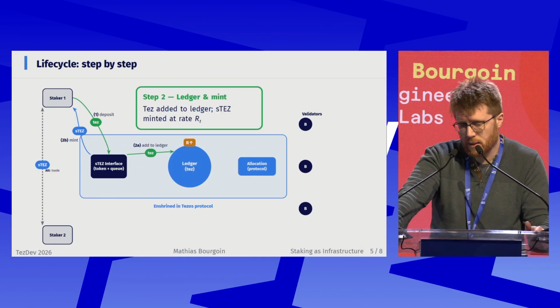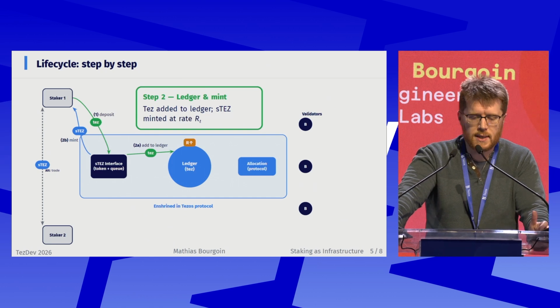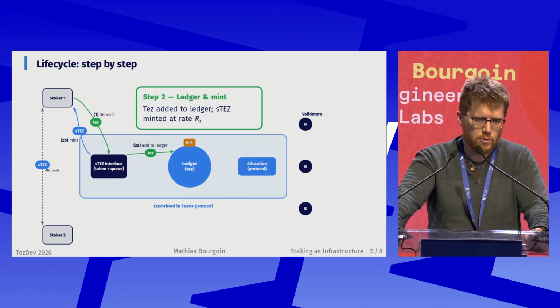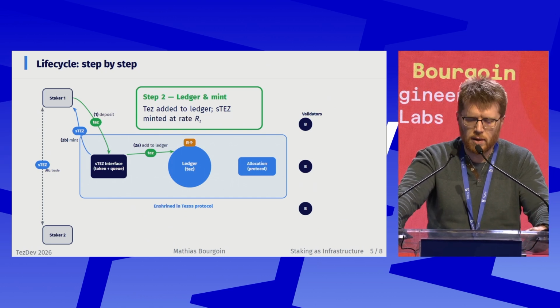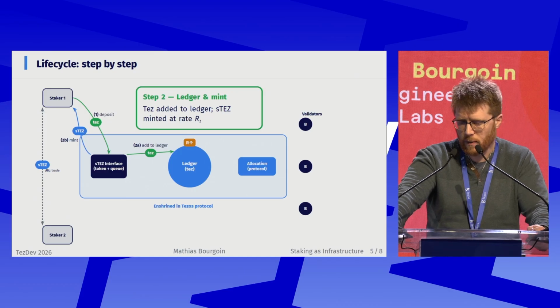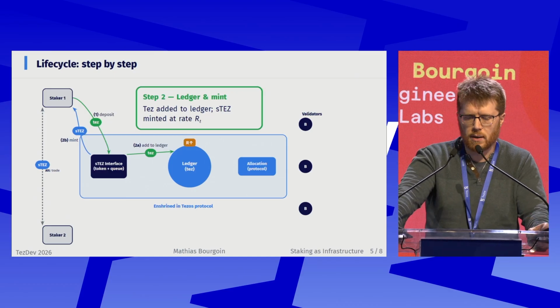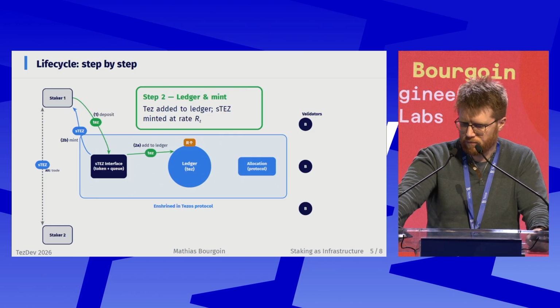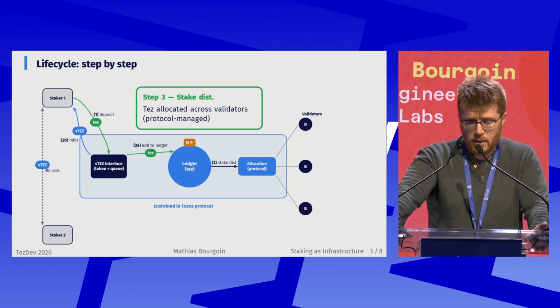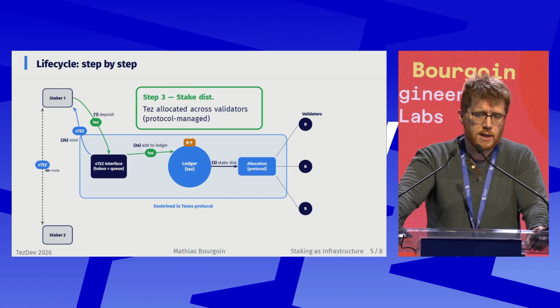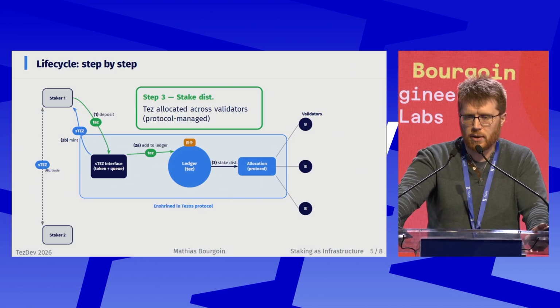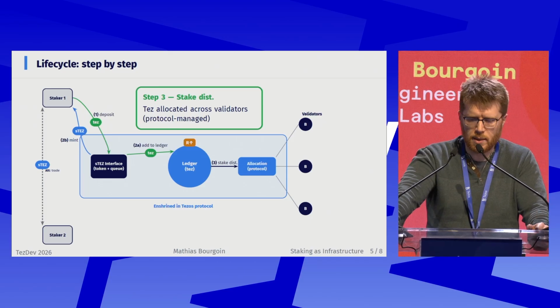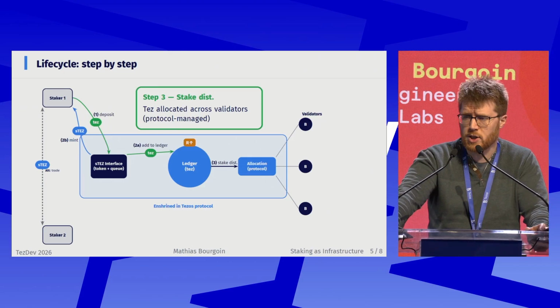And when you do that, you automatically have some STez minted and credited to the wallet of the staker, and the Tez are added to the ledger of the system. This Tez, this ledger, is allocated across the bakers that participate in the whole system through protocol managed parameters.